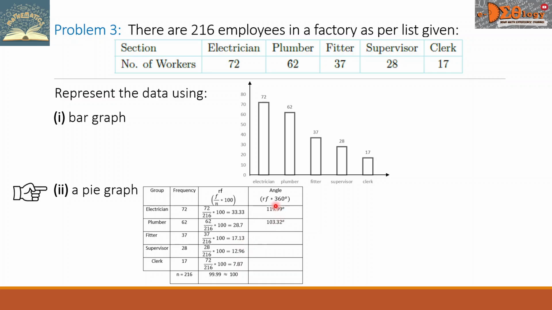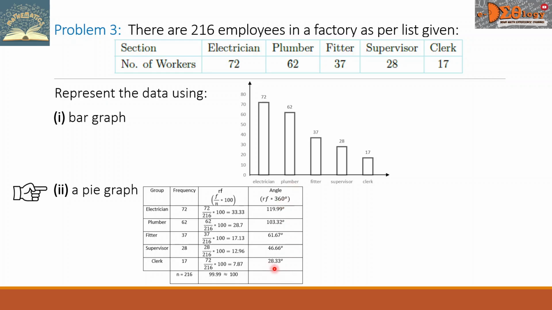0.1713 times 360 degrees. We will get 61.67 degrees. 0.1296 times 360 degrees. That will be 46.66 degrees. And for the last one, 0.0787 times 360 degrees.